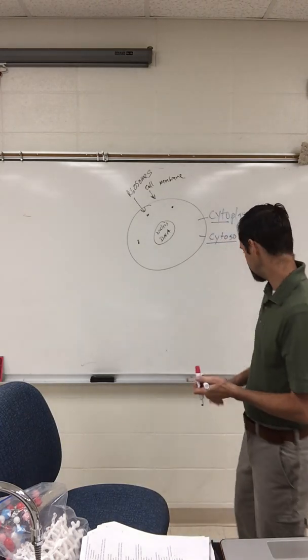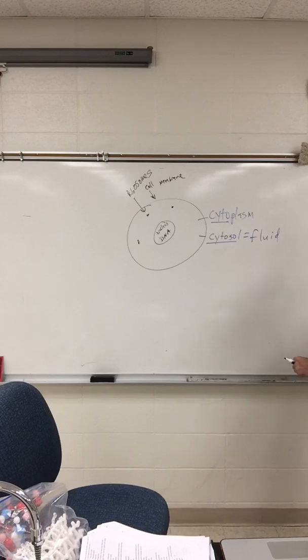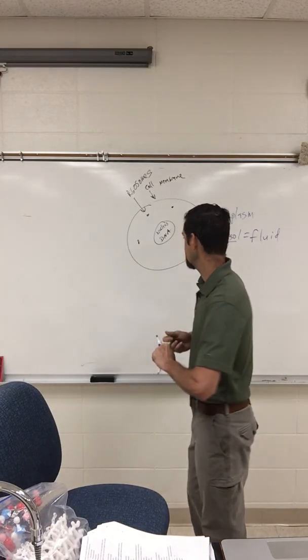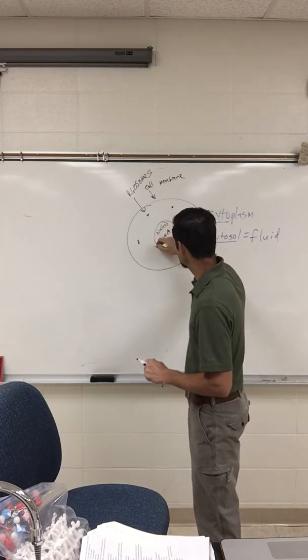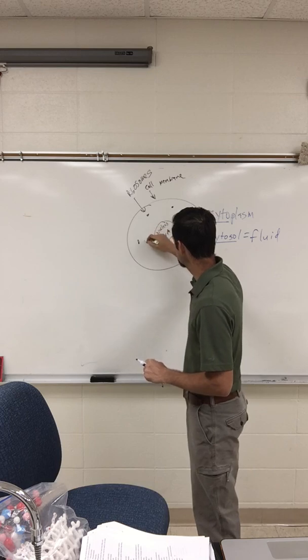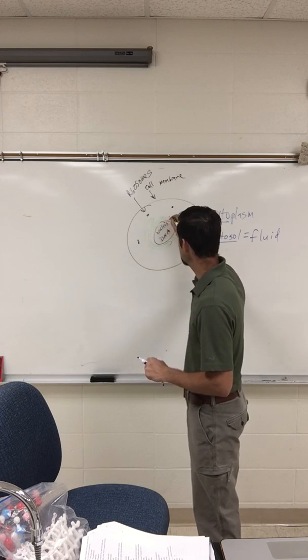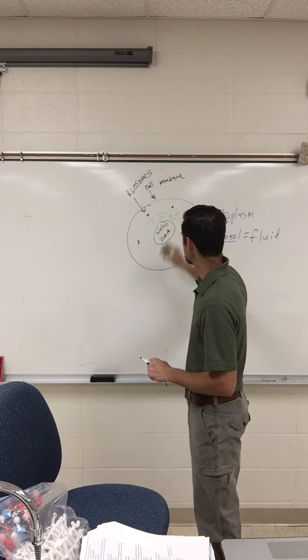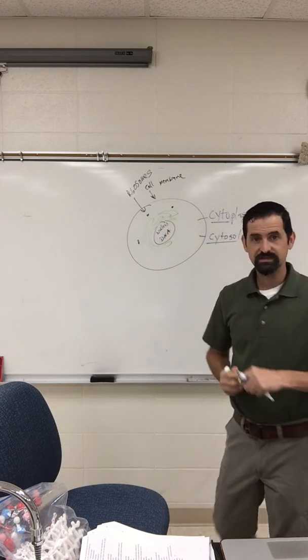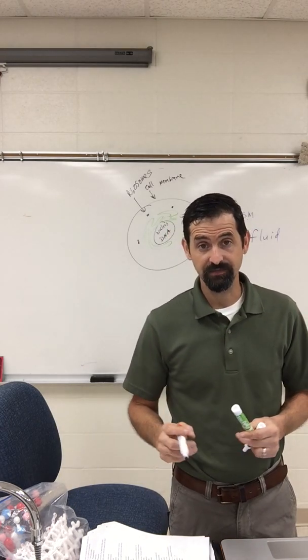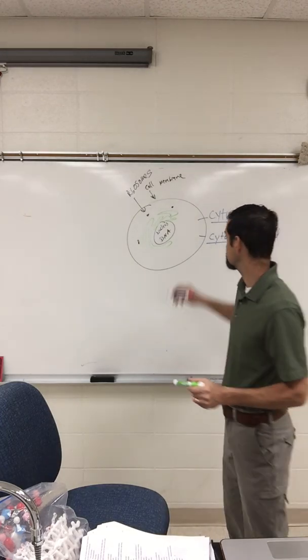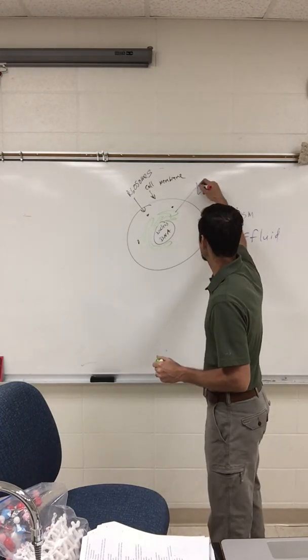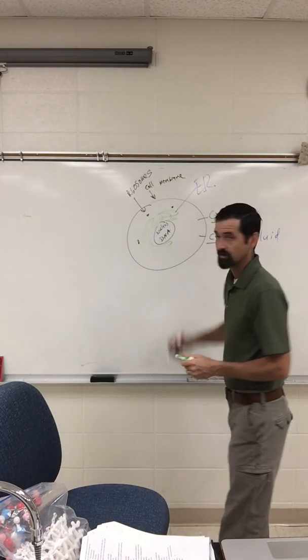Another structure that's pretty predominant is something called an endoplasmic reticulum. And it tends to be close around the nucleus. Okay? So instead of saying endoplasmic reticulum like 15 times, we're just going to say the ER for endoplasmic reticulum.